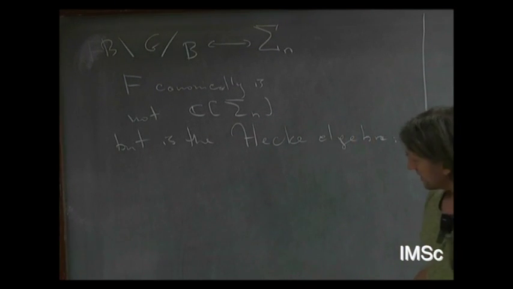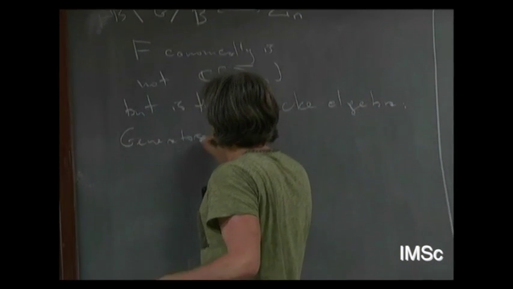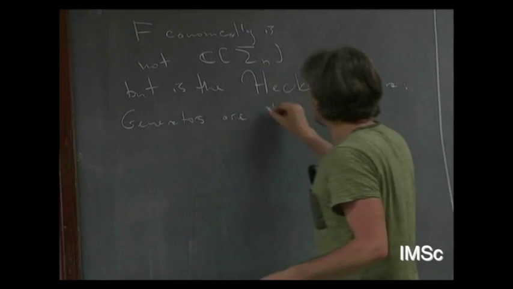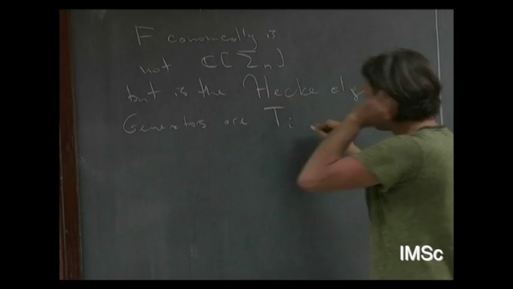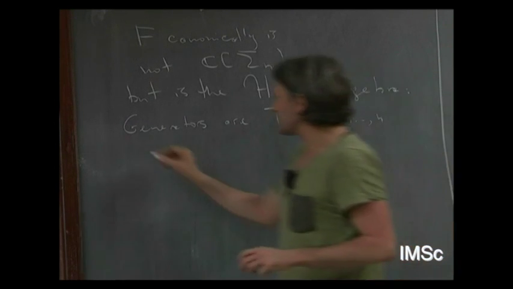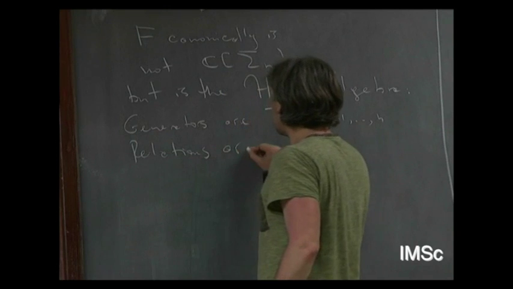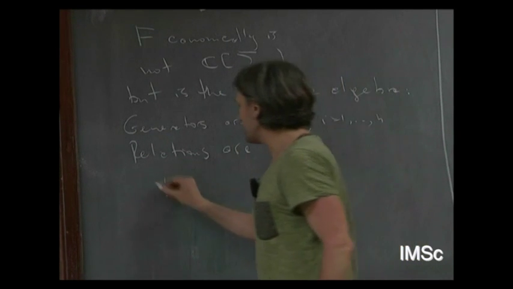So in this case, generators are Ti, i equals 1 to n, and relations are, well, the standard braid relations.